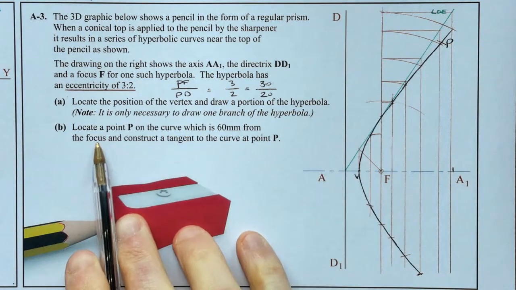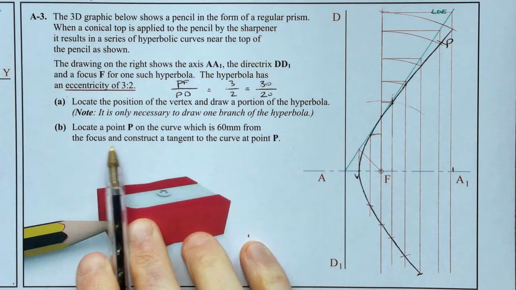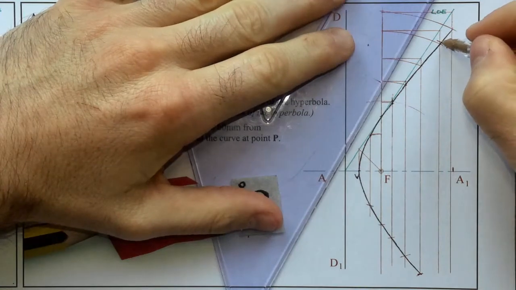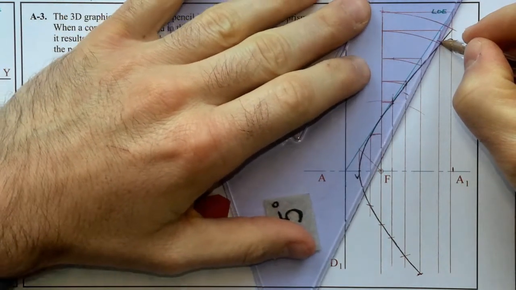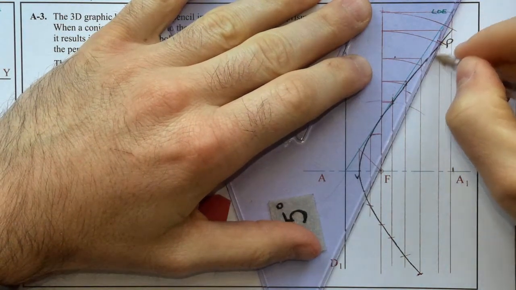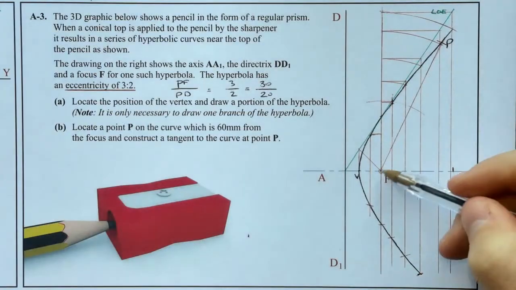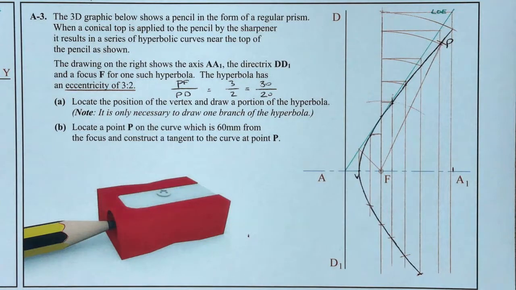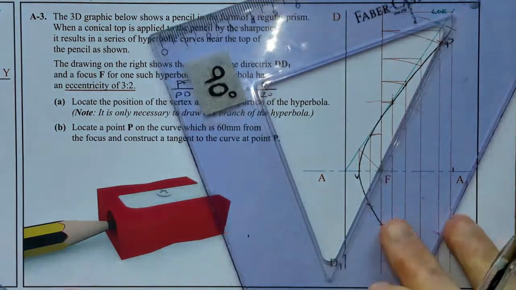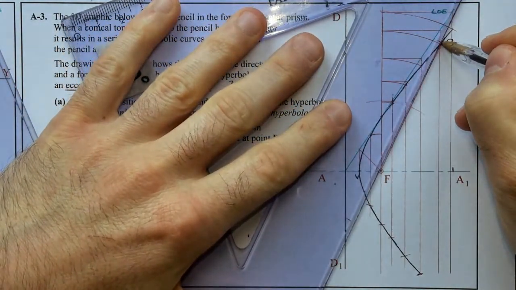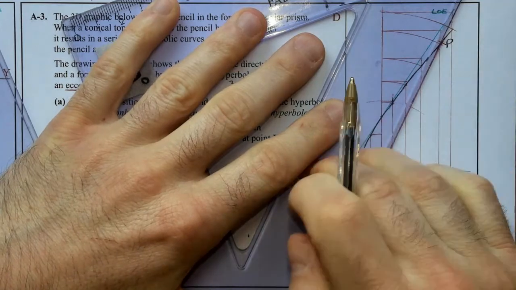And from the point which is 60 millimeters from the focus, construct a tangent to the curve at point P. Okay, so principal common to all tangents, I'm going to connect F to P. And perpendicular to that line, F to P, I'll put my square on the line.